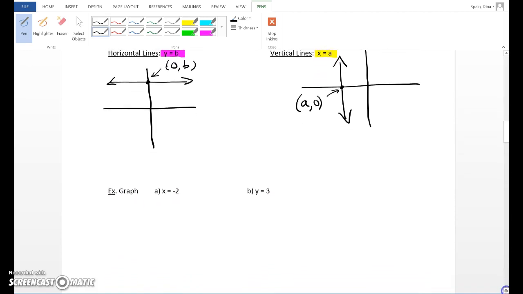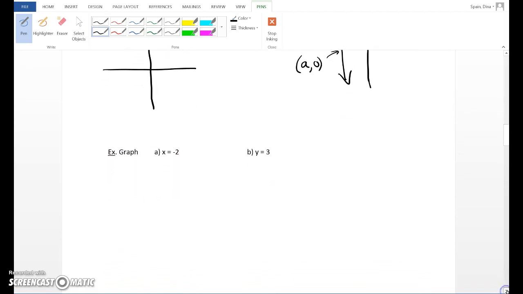Let me graph these two very quickly and then I'll stop this video and we'll go on. A quick example of these two. Here's my graph for A. For x equals -2, first thing you need to know, let's just put a little scale on here. It doesn't have to be big. You don't have to make a big Cartesian coordinate system for this. Alright. x equals -2, right here.